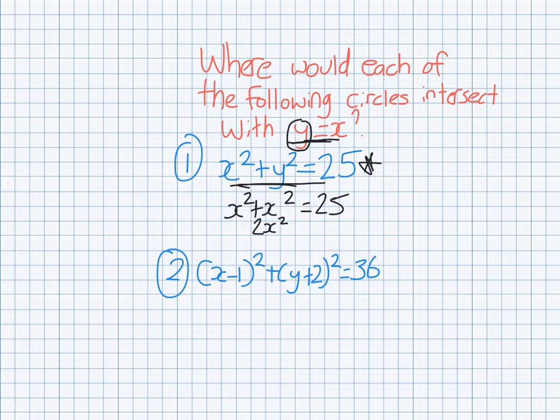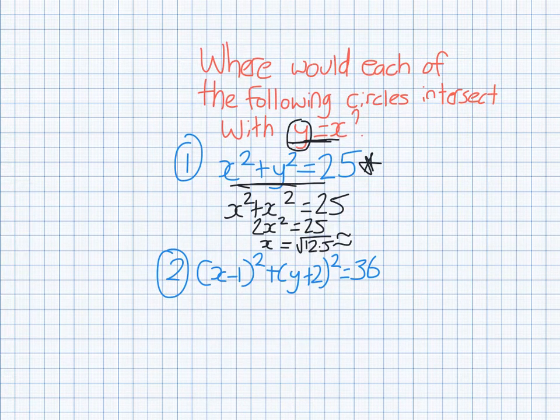2x squared is equal to 25. So what I do is I divide by 2 and then square root. You have to divide by 2 first because we have to undo things in the opposite order to BODMAS. So if I square root 12.5, hopefully you see now there's a positive and a negative answer.